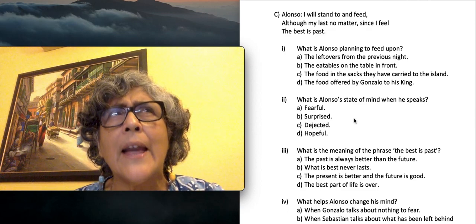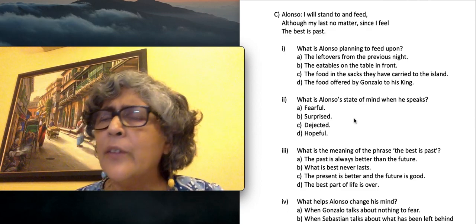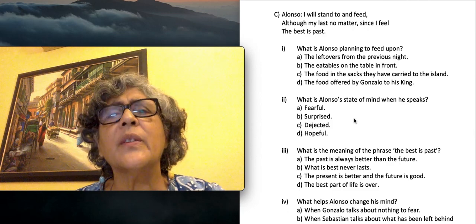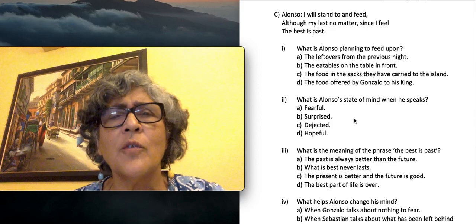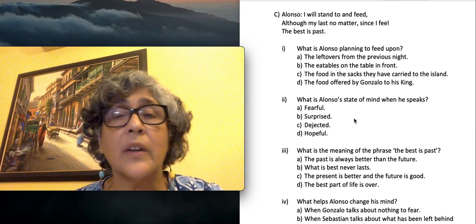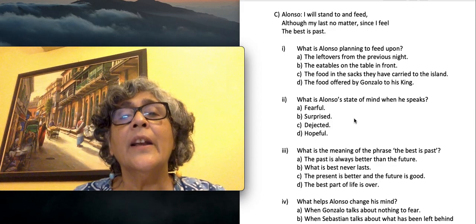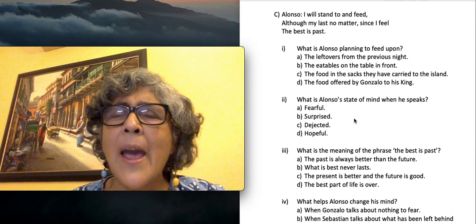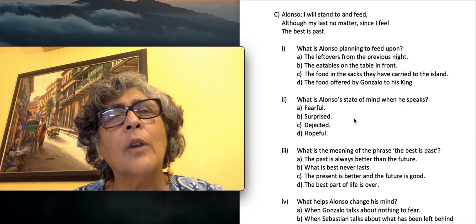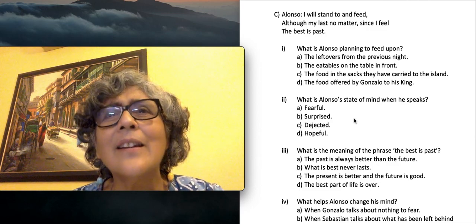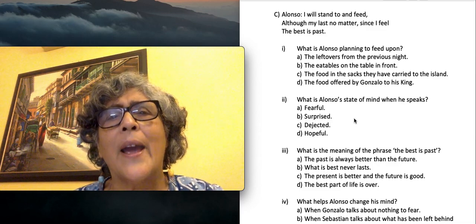But as I've seen in the sample paper, you will need to know the meanings of certain words as used in the extract, because they're not always the same as what we use in our common parlance. That is why perhaps I've introduced one or two questions that will give you a feel of how intently you need to read through Act 3.